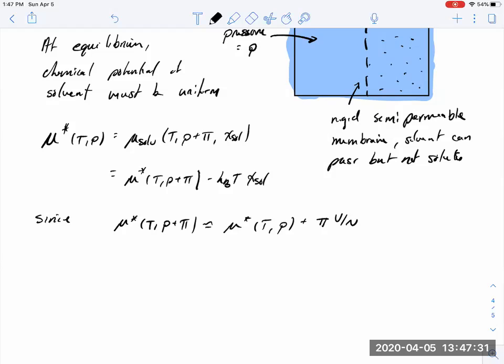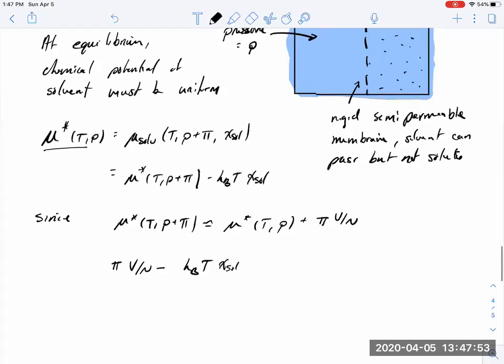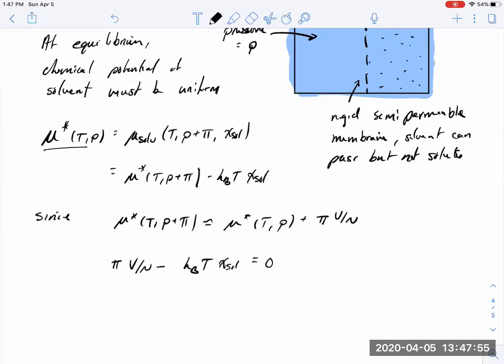What we have then is this term, pi times V over N, must balance kBT times the mole fraction of solute. At equilibrium, that must be equal to 0.